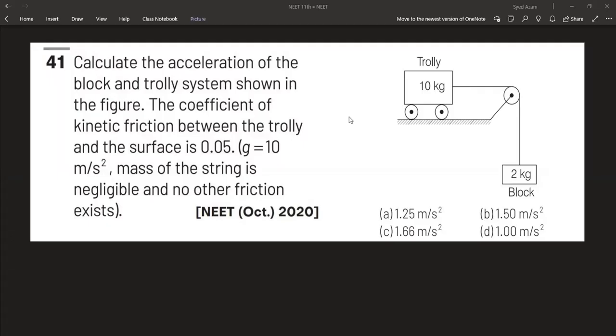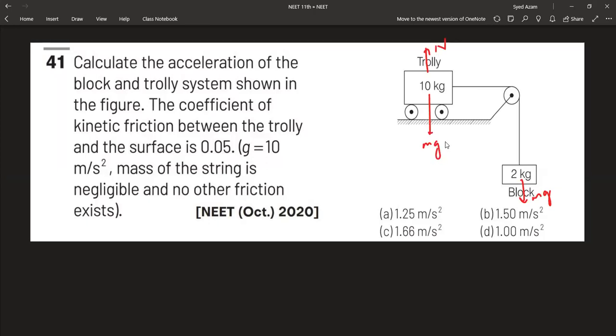What are the forces that are acting? All the forces, what you can think. First gravity and then the normal force. Gravity will definitely act. Okay, the normal reaction will act here. Gravity will act here.